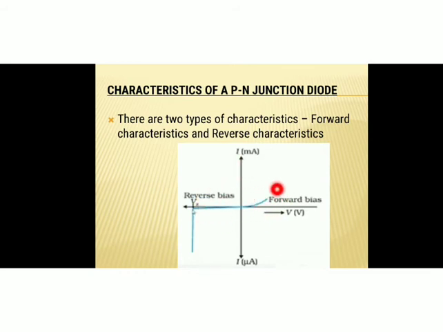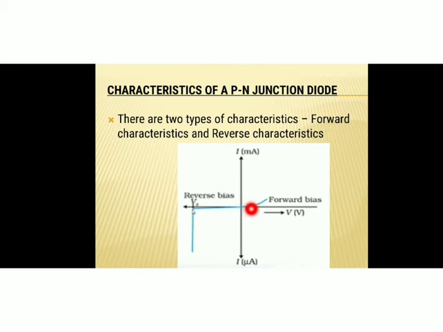So this side represents the PN junction diode in the forward biased mode. So this side represents the VI characteristics of the forward bias. And what is the characteristics? See, here you can see at first when the external voltage is applied, current is also 0. That means, here at this region when the voltage is 0, current is 0. That means no voltage, no current.